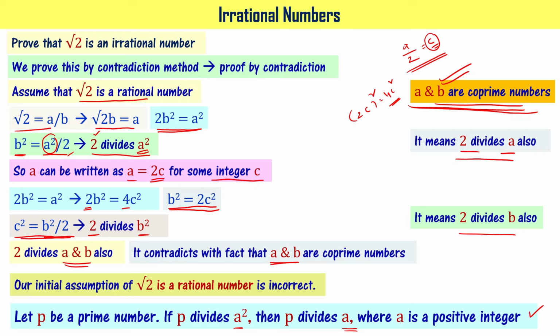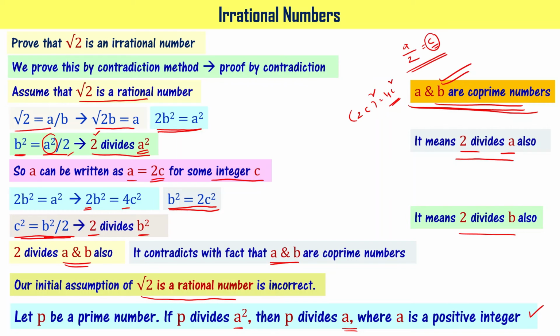It cannot happen, right? In the same case, you cannot have two numbers being co-prime numbers at the same time they are not co-prime numbers. That is not possible. This all the problem is coming because of the initial assumption we made, that is root 2 is a rational number.